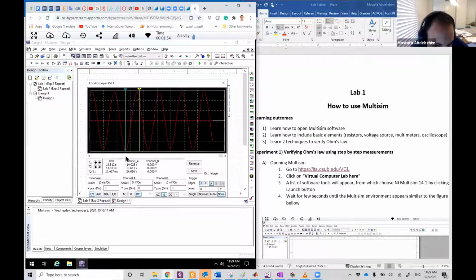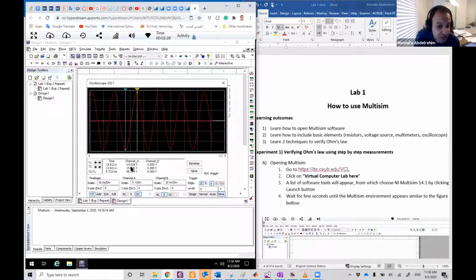So if you measure the peak-to-peak voltage, make the 2 pointers at the 2 peaks, the topmost peak and the bottommost peak of channel A. Then you take these 2 numbers and subtract them from each other. So 14 plus 14 is equal to 28. Okay.